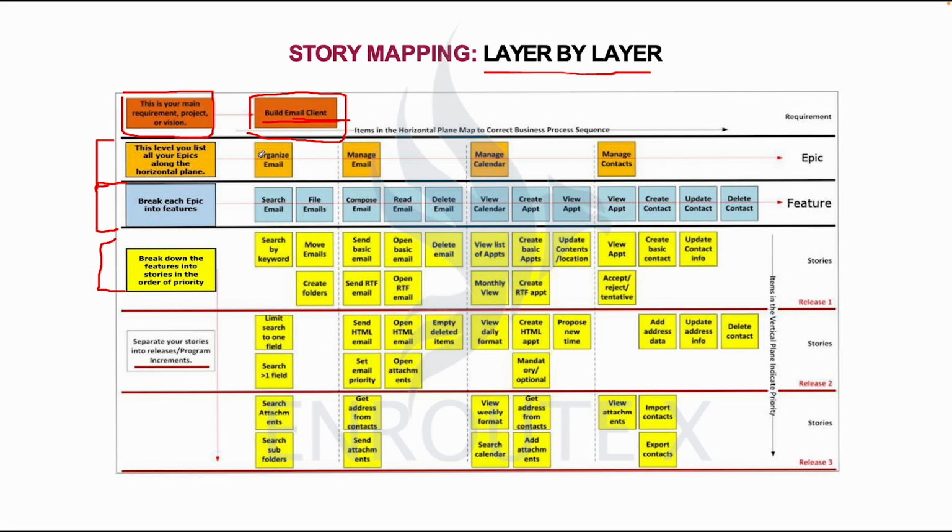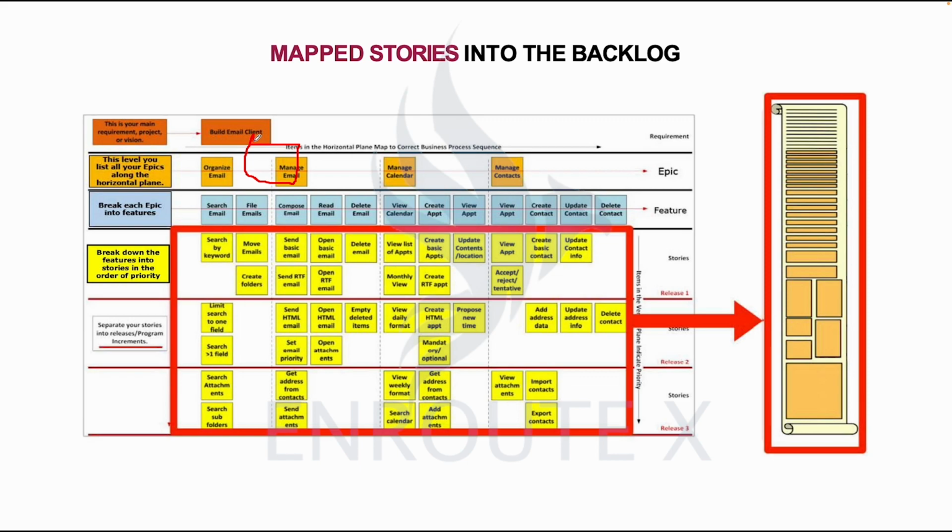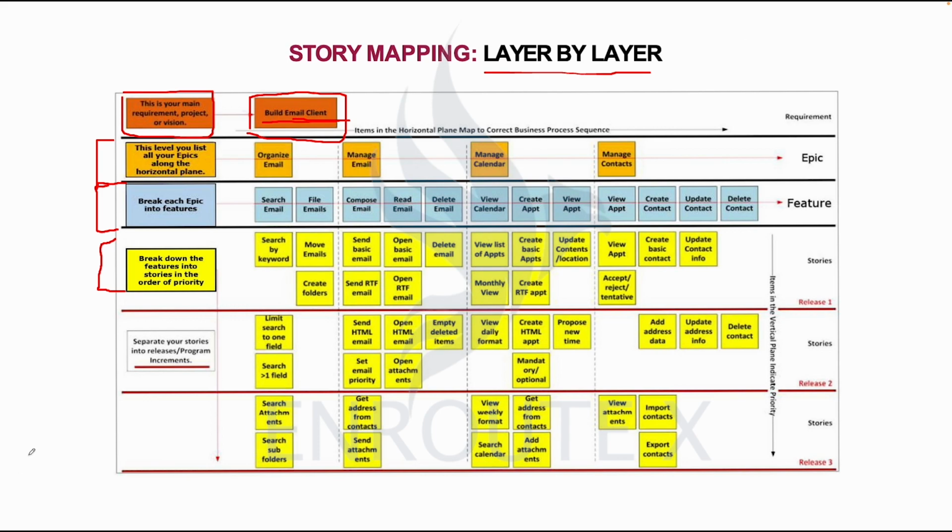That service would have a feature to organize email, or what we want to do, though let me use the word feature so that it won't cause some confusion. We want to organize email.